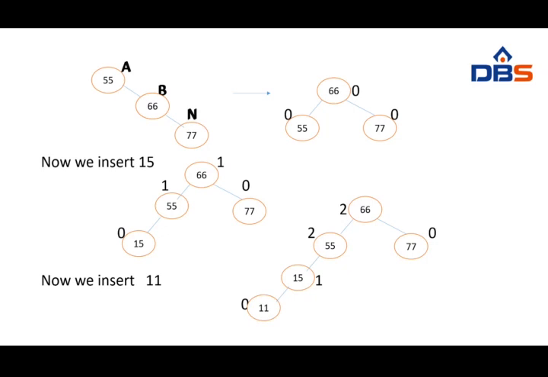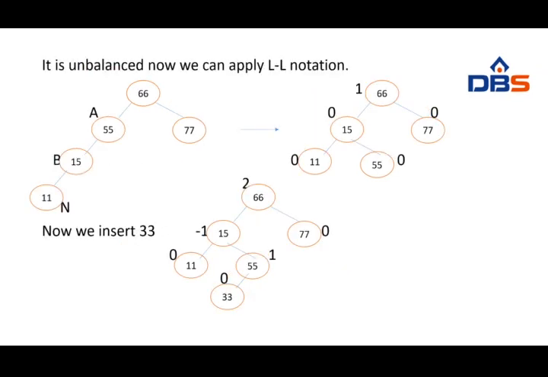Always it is on the left, so we go for the left rotation, with A, B, N. B is the root node, that is 15, N is the left child of 15, and A is the right child of 15. So we check the balance factors: 0, 0, 0, 0, 1. Now it is balanced.